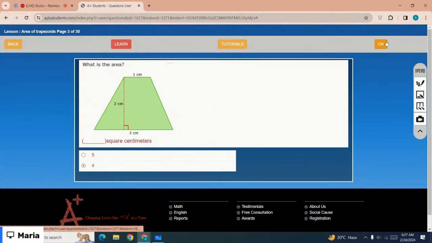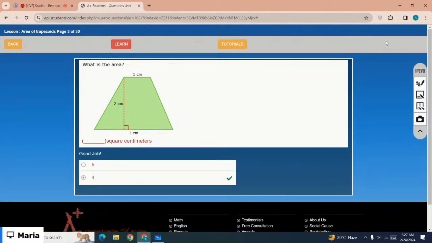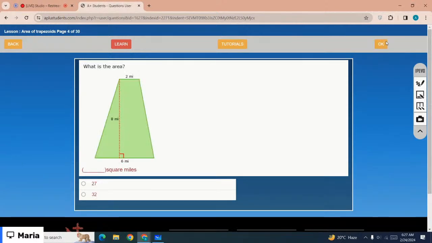Option number 2 is the correct option. Okay, the next one is what is the area, which is the correct option.